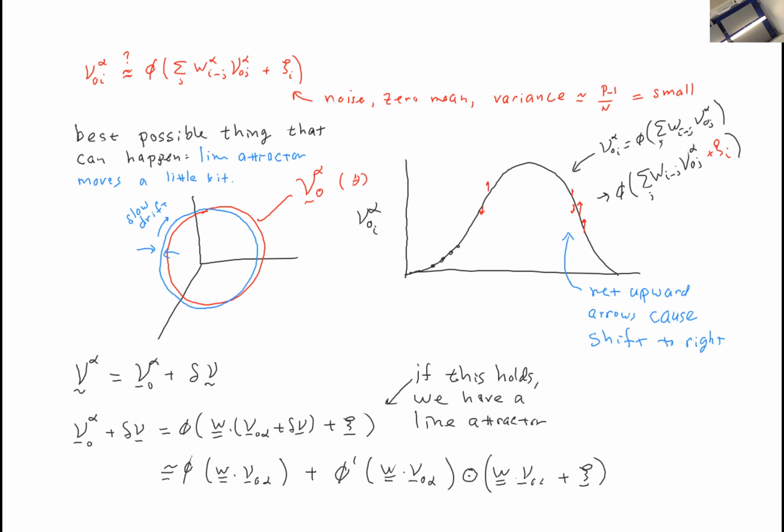Okay. And this quantity here, actually, I'm going to go to the next page. Probably should have started there in the first place. So nu 0 alpha plus delta nu.